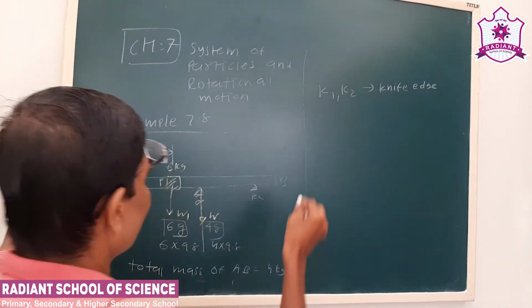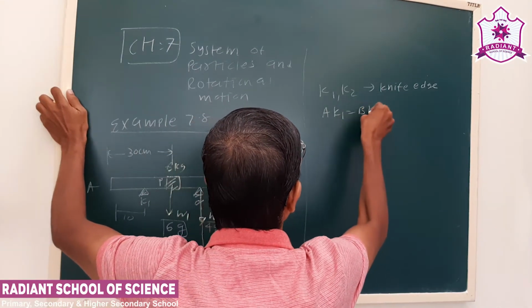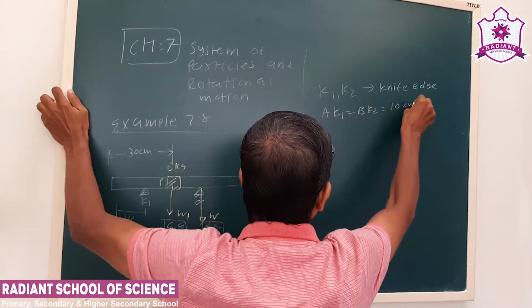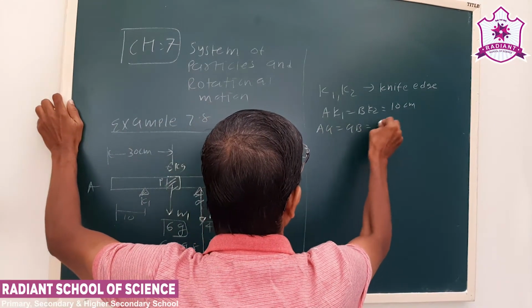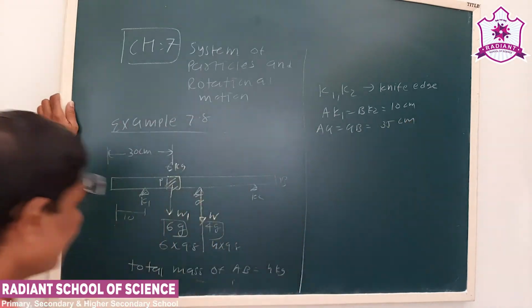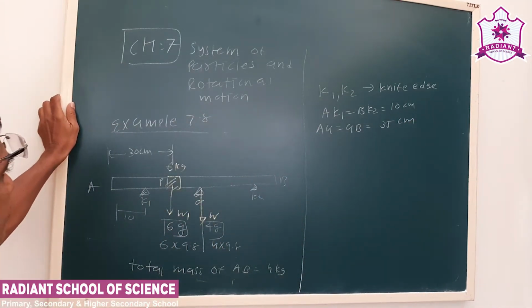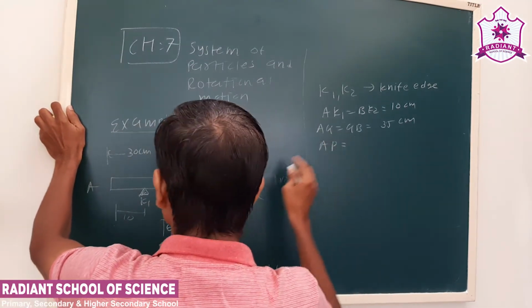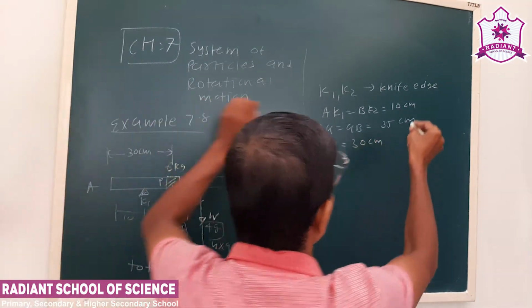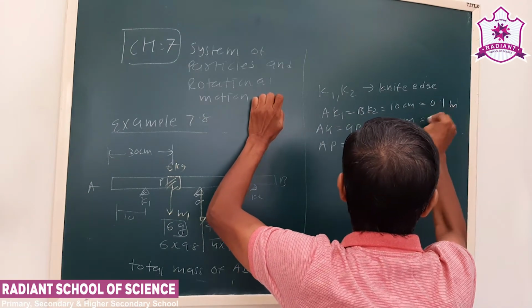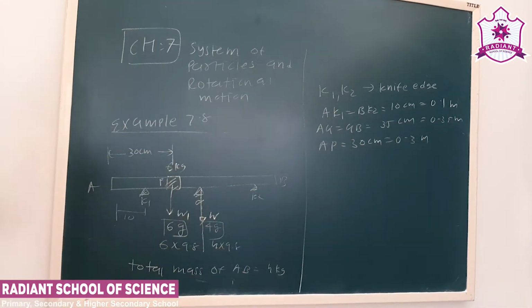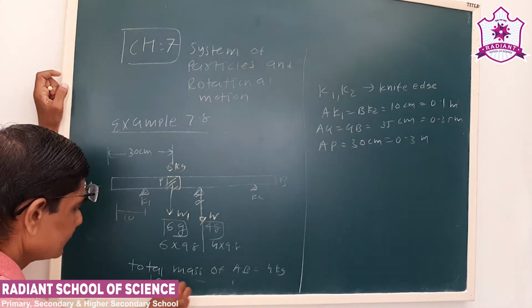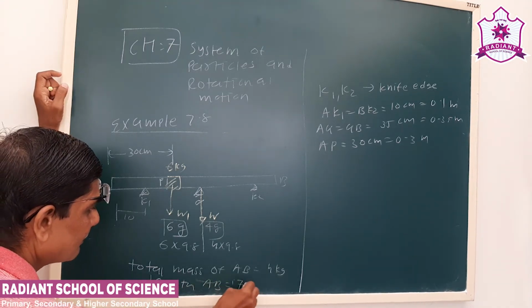Now AK1 is 10 centimeter each. AG and GB are 35 centimeter, and AP is 30 centimeter. Now these will be 0.1 meter, 0.35 meter, 0.30 meter. Again, AB length is 70 centimeter.